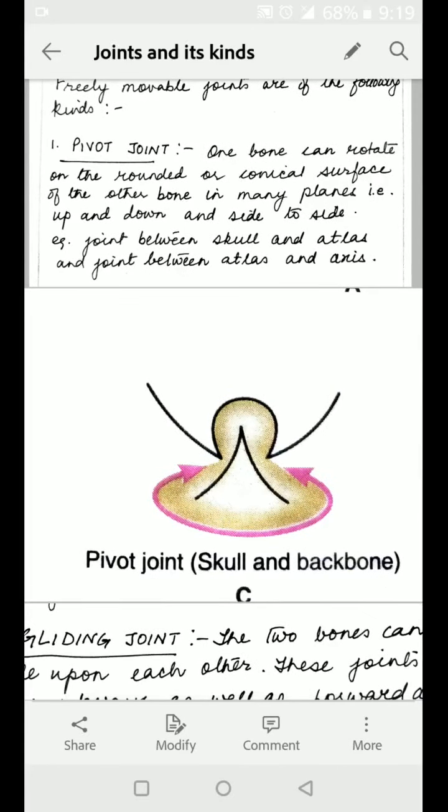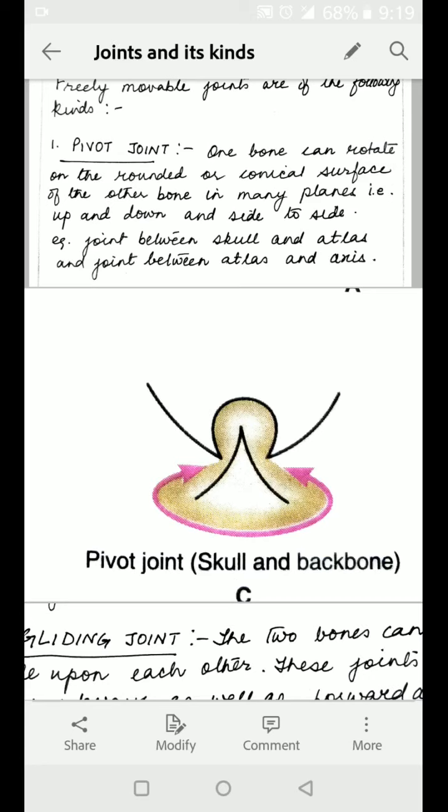Now in the pivot joint, one bone can rotate on the rounded or conical surface of the other bone in many planes. That is, it can move up and down, and it can move side to side.